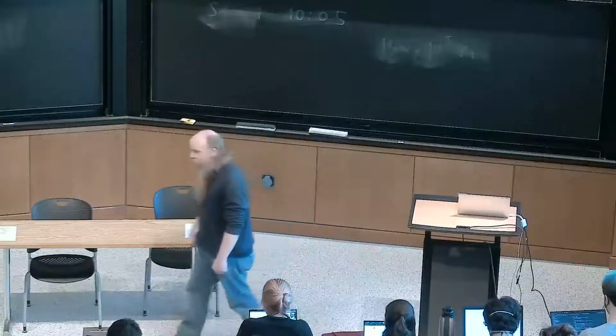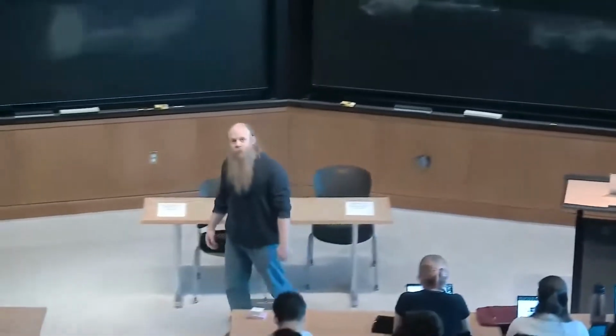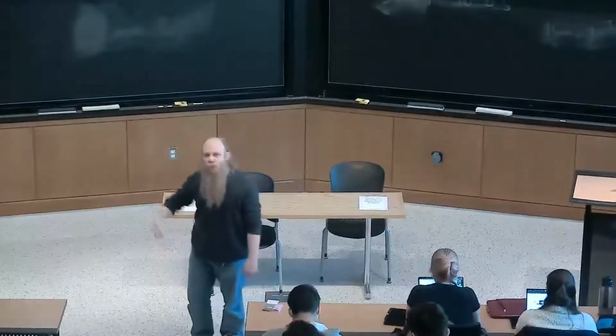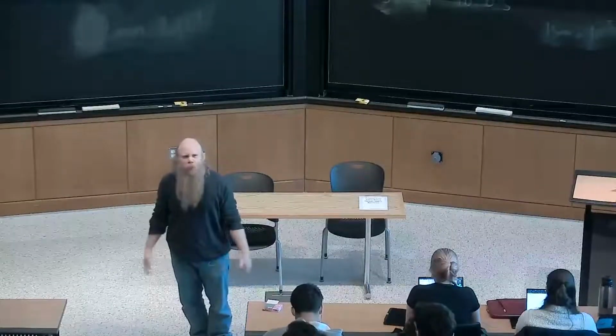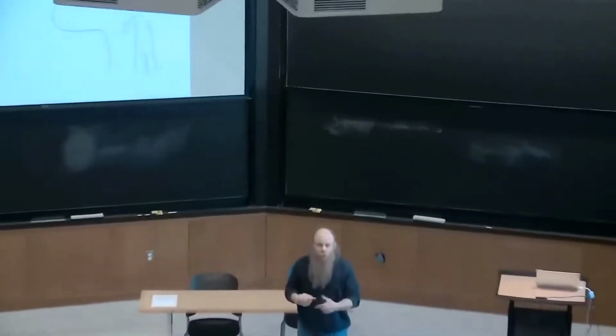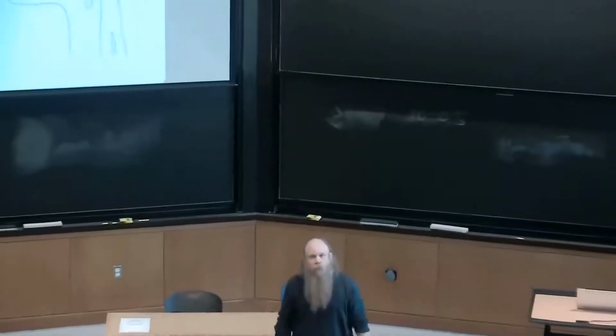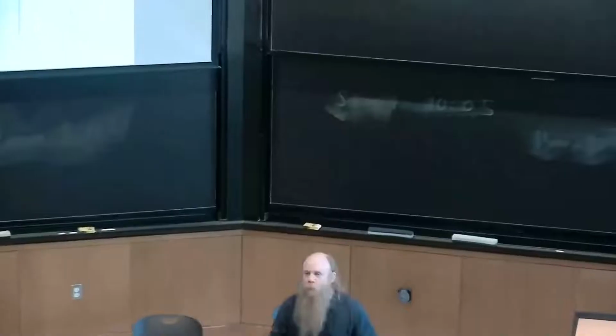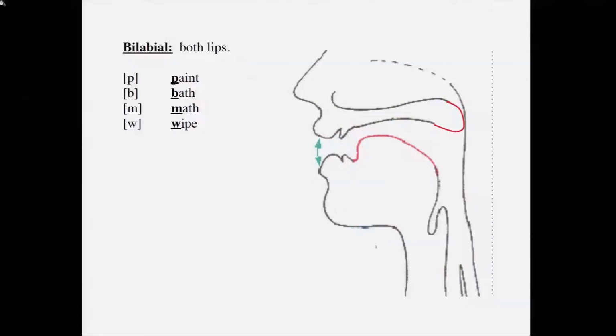A lot of the symbols of the International Phonetic Alphabet resemble letters of the English alphabet. So we have started here with symbols that should all look kind of familiar. The symbol for the sound at the beginning of paint is the letter P, and that's a symbol of the International Phonetic Alphabet. As we go along, we will be seeing weirder and weirder symbols from the International Phonetic Alphabet. So please enjoy it while it's easy. So far so good.